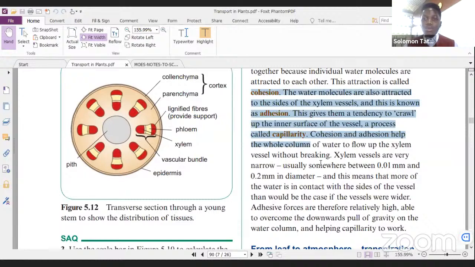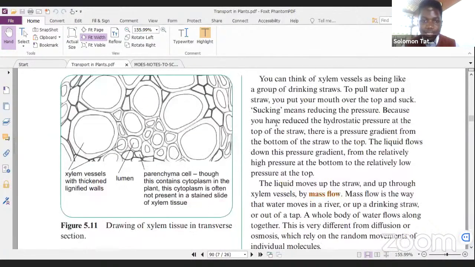Who can define for us cohesion, adhesion, and capillarity? Just pick up one and define it.